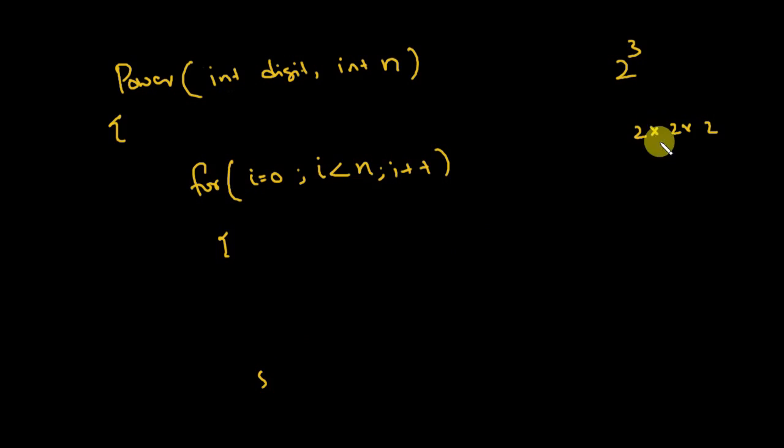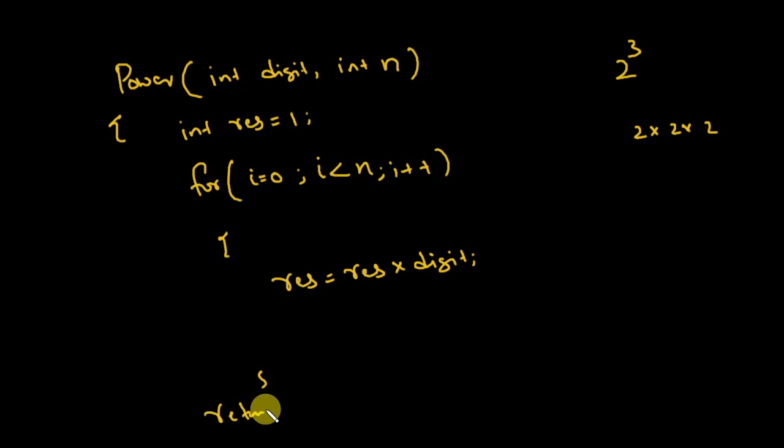To do the multiplication, I'll store the result in a variable called result, initialized with 1. Then result equals result into digit. After this I have to give the result, so I'll return the result.